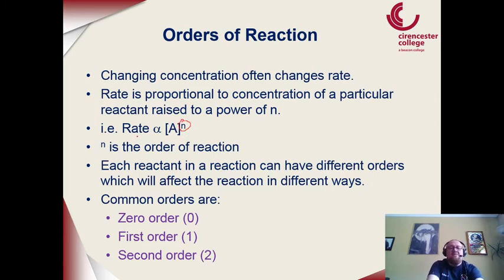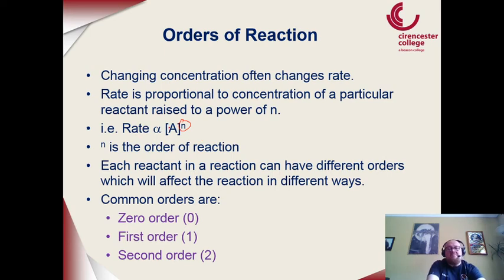So if I have component A, for example, and it doesn't take part in the rate determining step, rate is proportional to the concentration of A to the power of 0, so zero order, and actually the rate is just going to be proportional to 1. So it means it's not going to take part in the reaction.